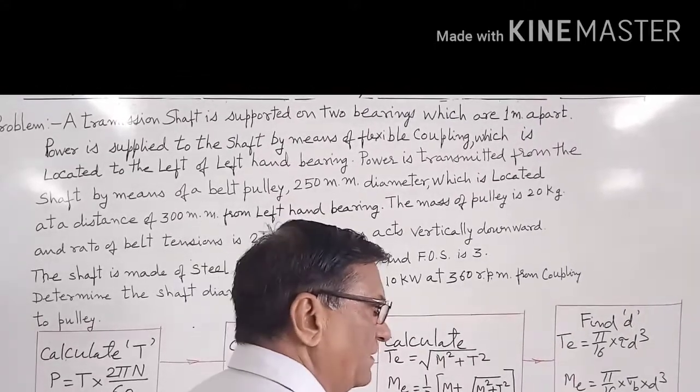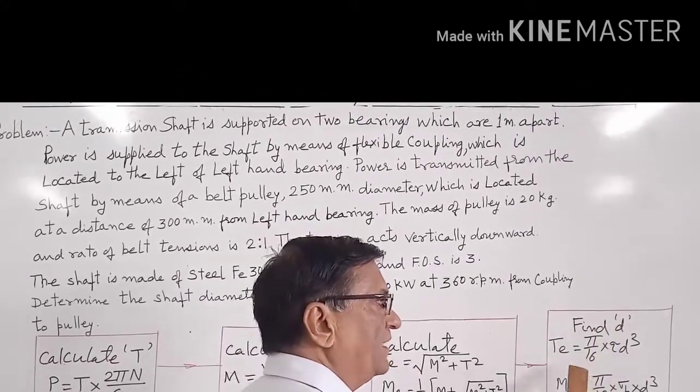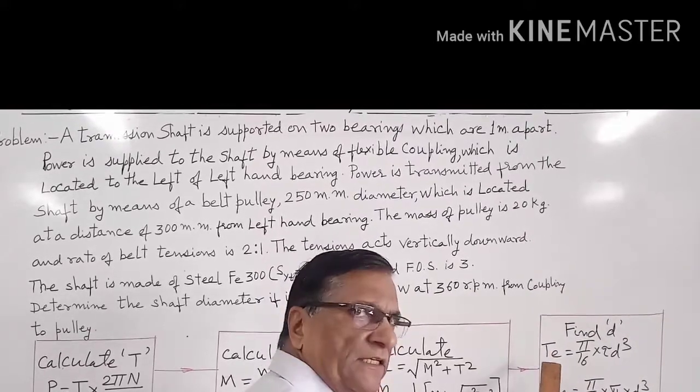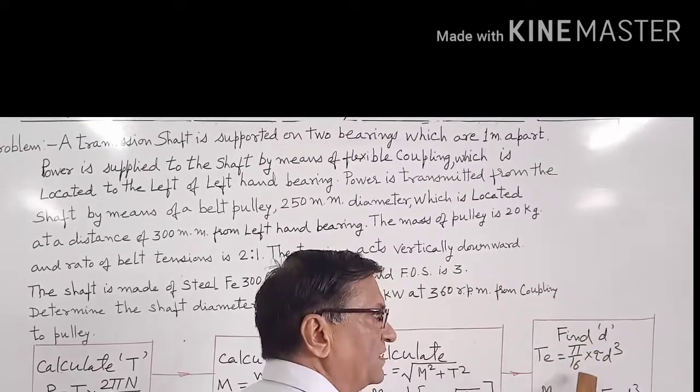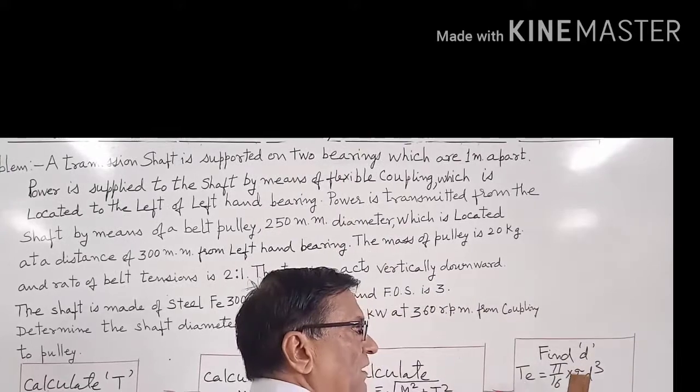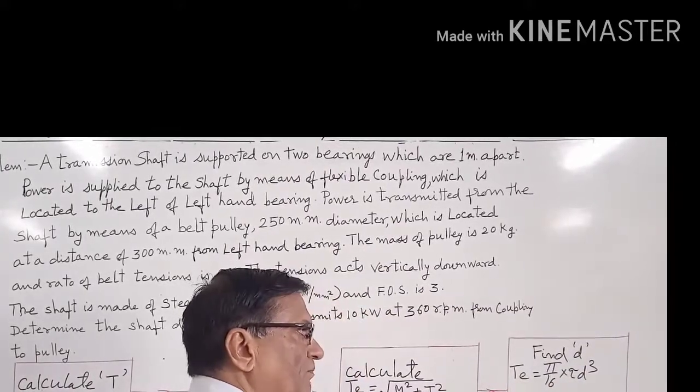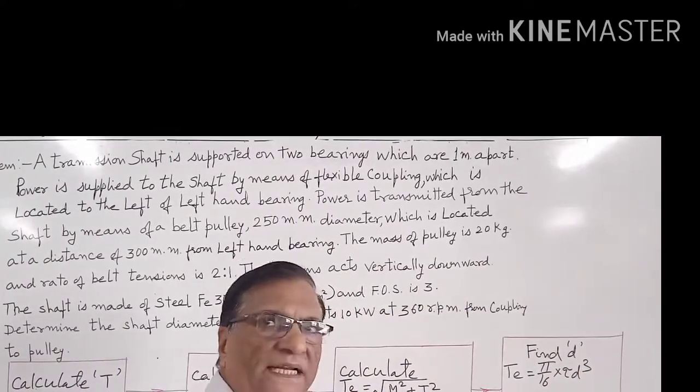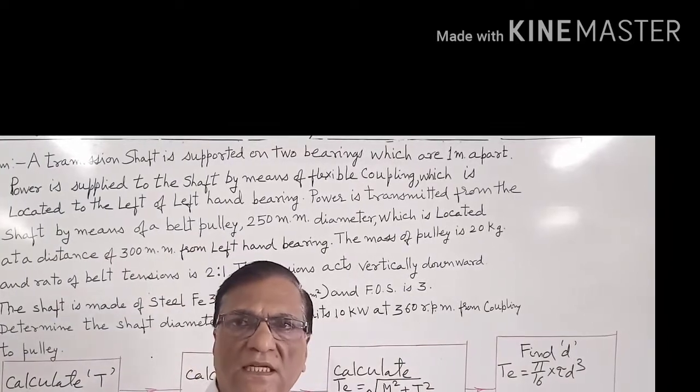And then fourth step, find the diameter from equivalent torque equal to pi by 16 tau d cube. We will determine the diameter by these two formulas and we will take whichever is larger.